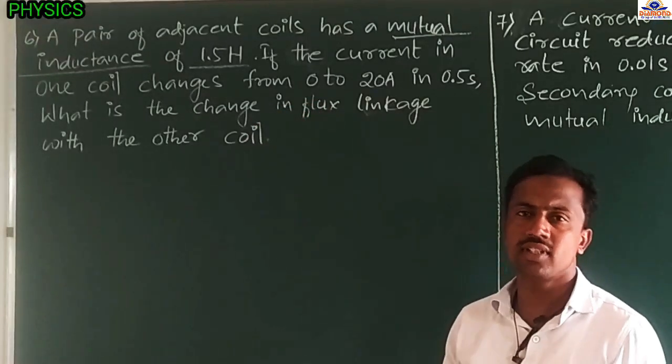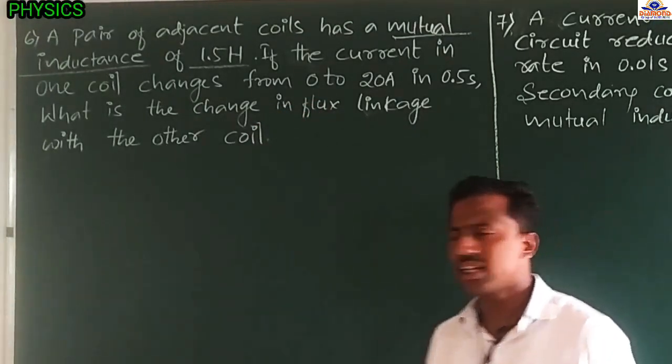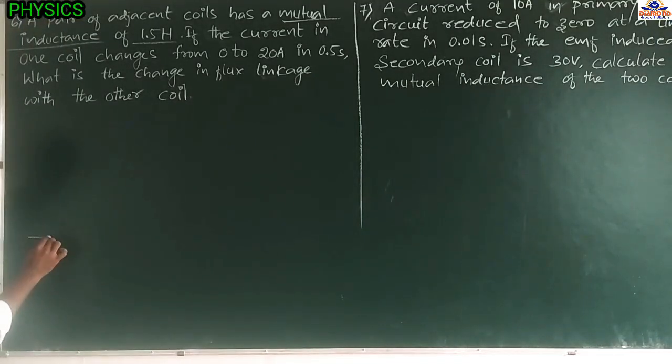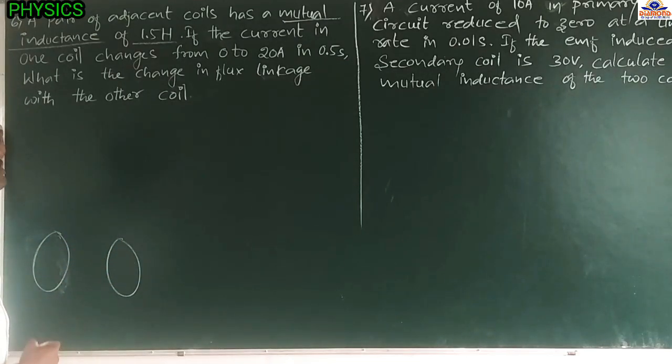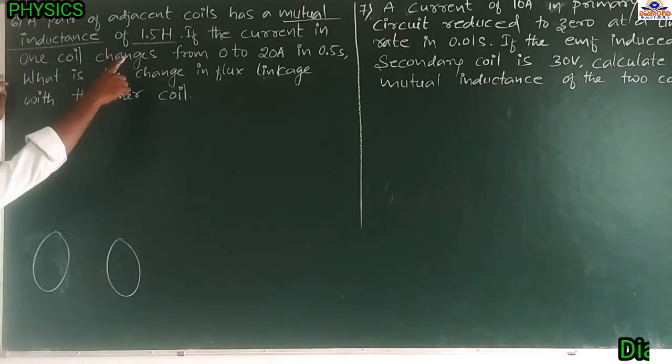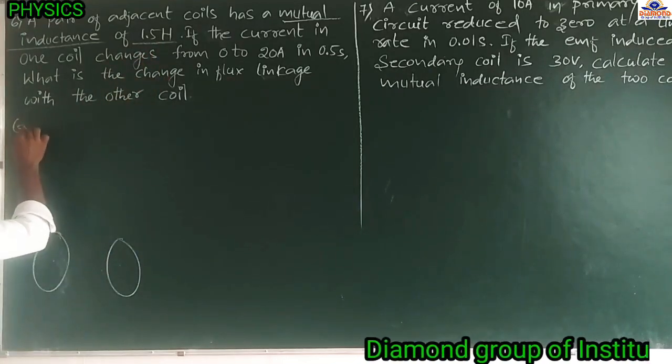Mutual inductance means two coils. We are taking two coils. Think, this is one coil, and for example this one is another coil, coil 1 and coil 2. The mutual inductance between the two coils is 1.5 Henry.